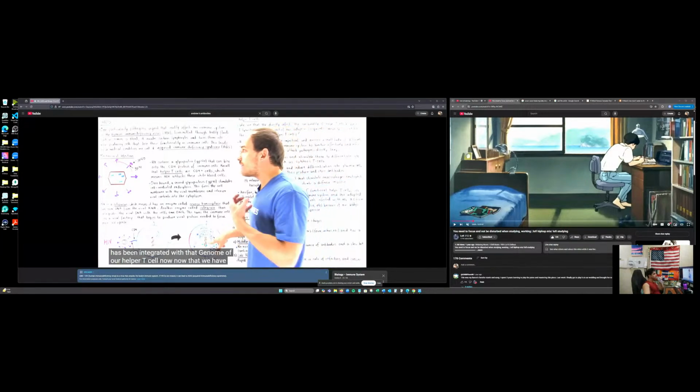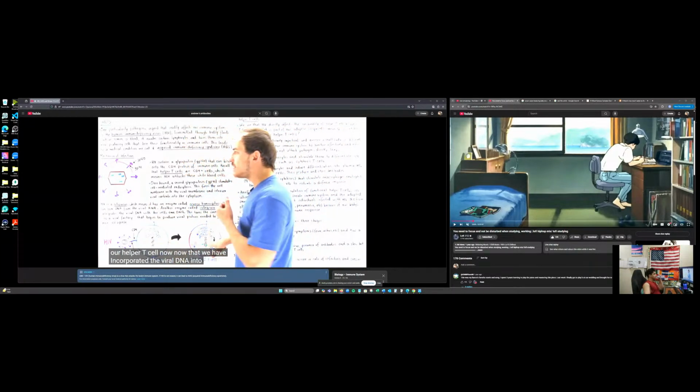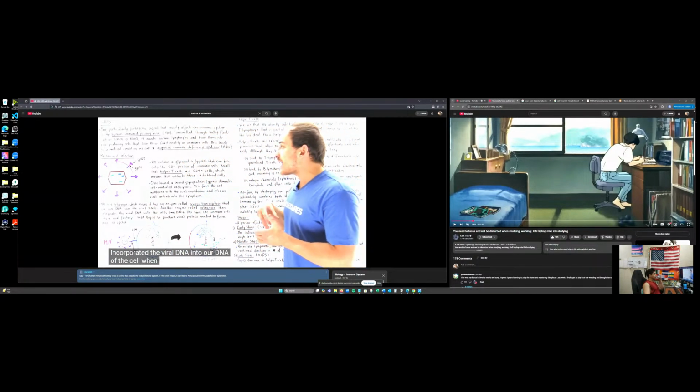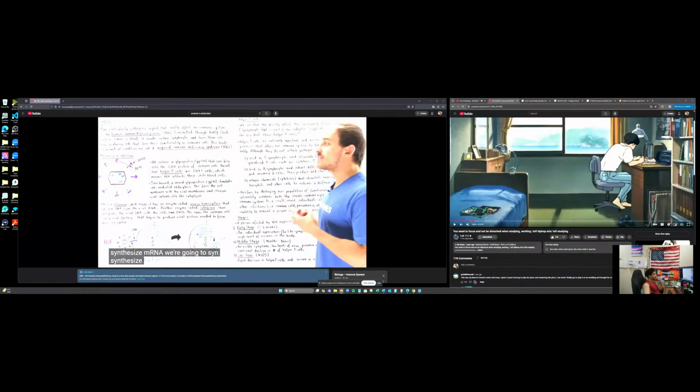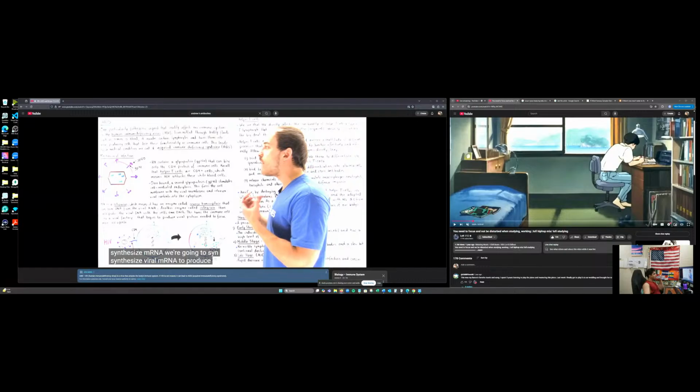Now that we have incorporated the viral DNA into the DNA of the cell, when that DNA is used to synthesize mRNA, we're going to synthesize viral mRNA to produce viral proteins.